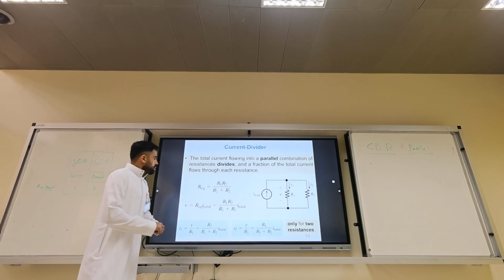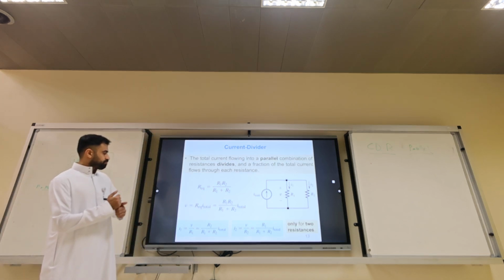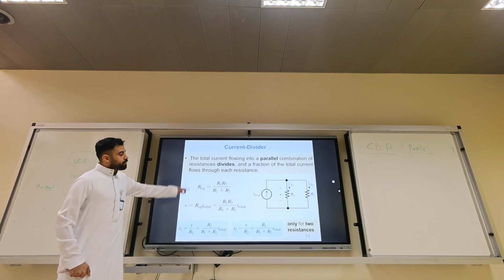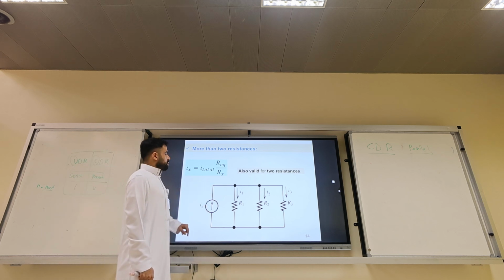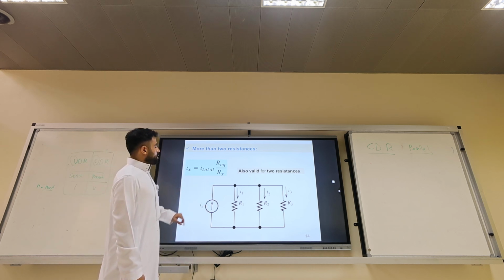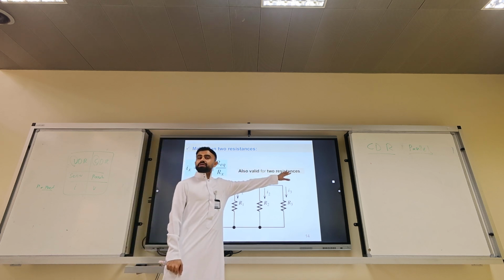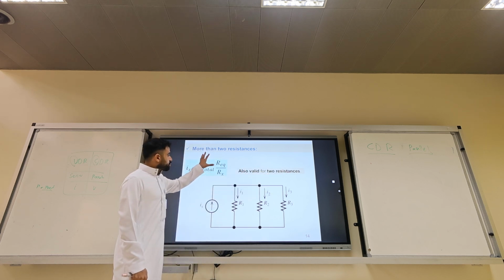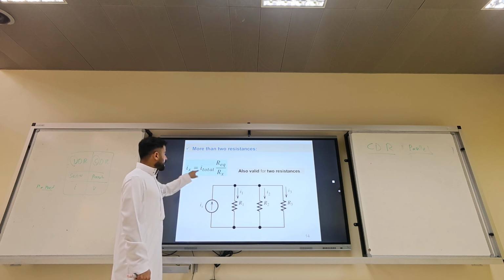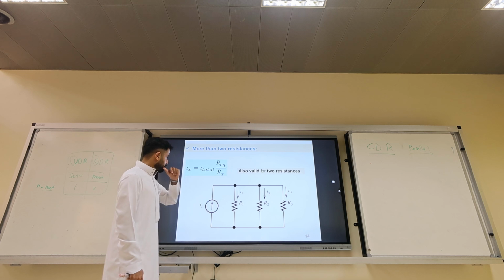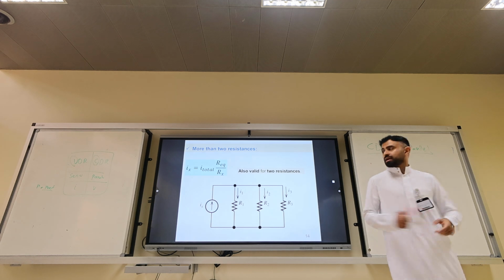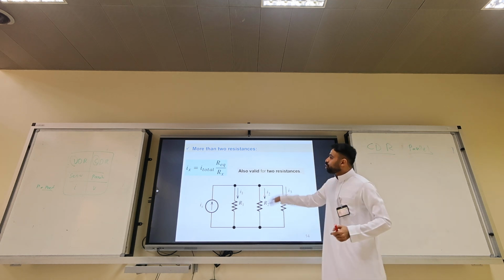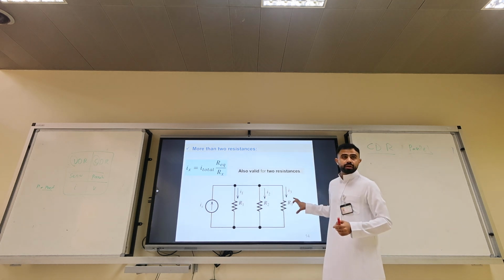Now, if you have more than 2 resistances, the original formula, which is also applicable for 2 resistances, is R equivalent over Rx, times I total, equals Ix. In other words, you really need to calculate the parallel combination, which is always smaller than every individual one of them.